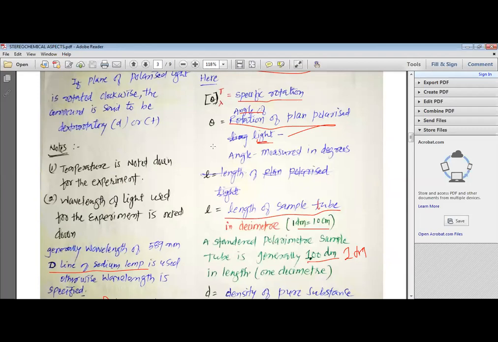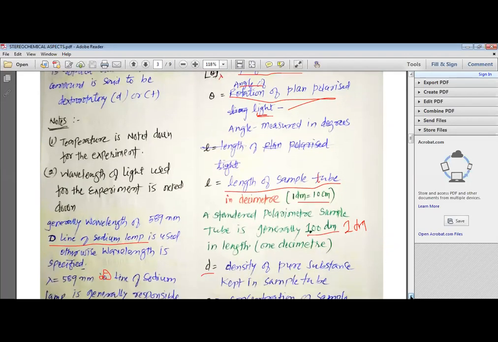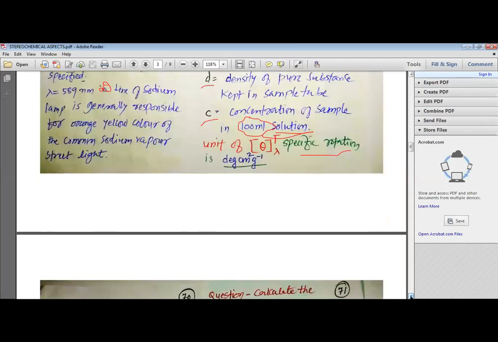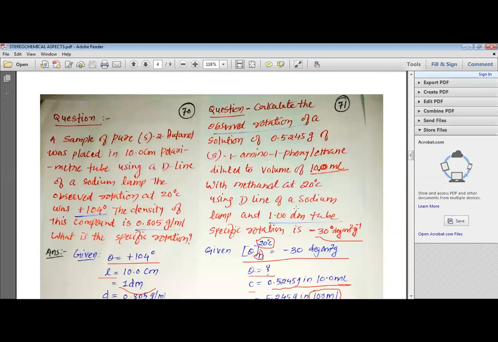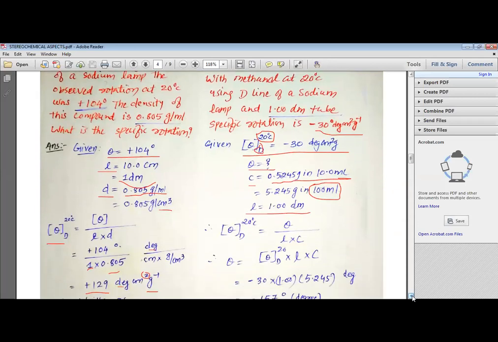We measure the temperature, we find out the theta. We are already aware of the length as well as the density or the concentration of the substance which is studied, and we can solve a few problems even if they are asked about calculation of the specific rotation, and that is very easy for us now to solve.